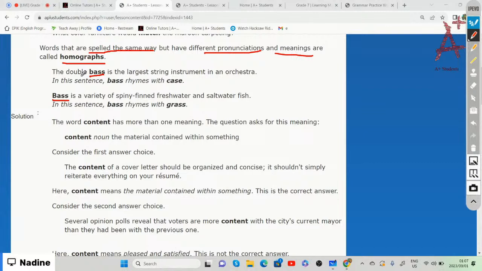Then, several opinion polls reveal that voters are more content with the city's current mayor than they had been with the previous one. So in this case, they will show you different words, however the meanings are not the same.